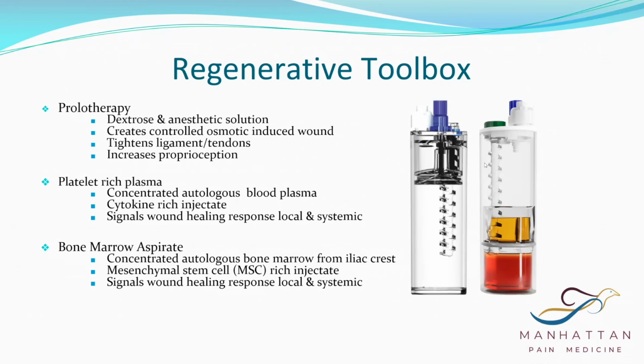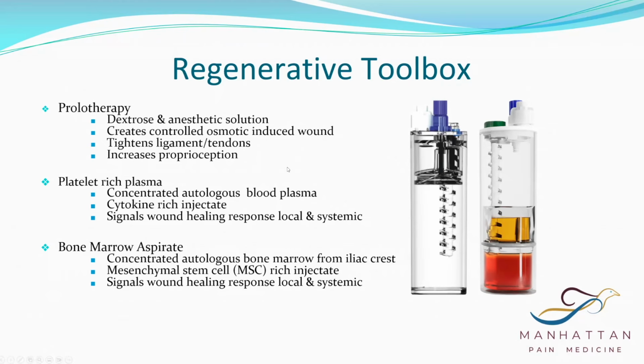It's a bit more inflammatory, but it's the good inflammation, where the body sees that there's a small wound in this area, and it responds with a local and systemic response in order to lay down new collagen as well as proliferate the fibroblasts and other local connective tissues.